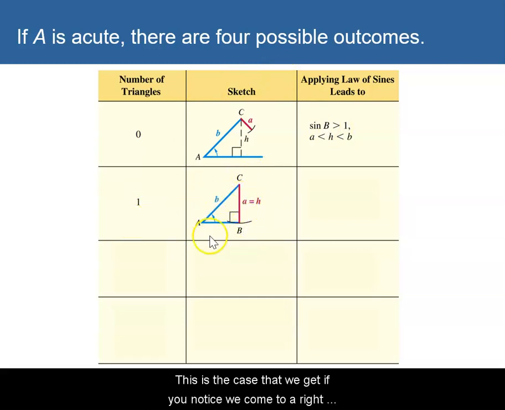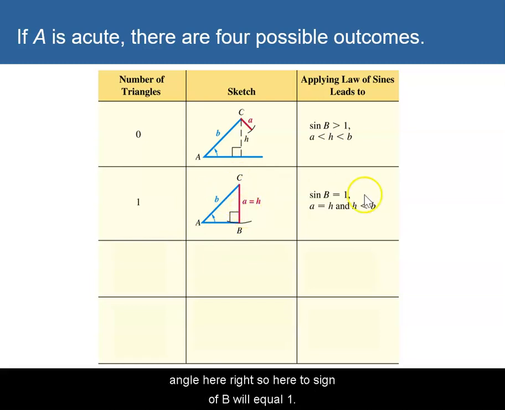If you notice, we come to a right angle here, so the sine of B will equal 1, because it's a 90-degree angle. My A is the same as the height of the triangle, and the height is going to be less than B, because B is the hypotenuse, the longest side. This is what we're used to working with in our right triangle trigonometry that we've been developing.